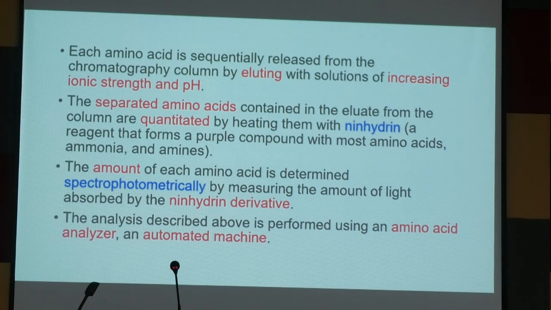Elution is the word, like we have to wash our desired amino acid out of the column and take it out. Then we measure the concentration of that specific amino acid by passing light through the liquid where the amino acids are present.